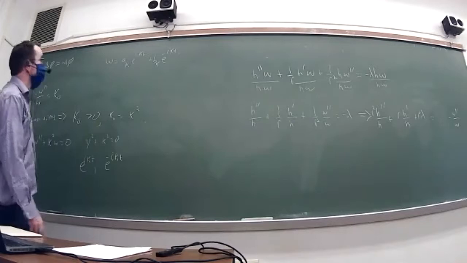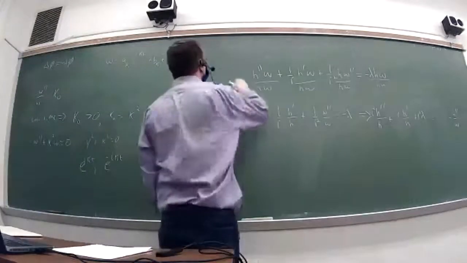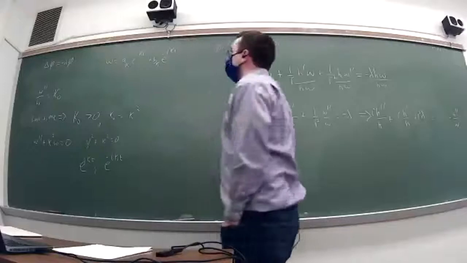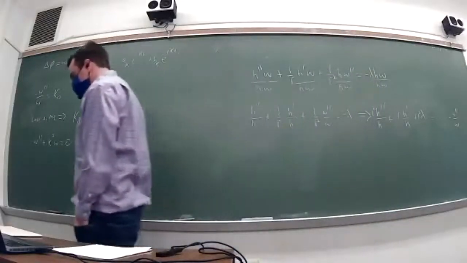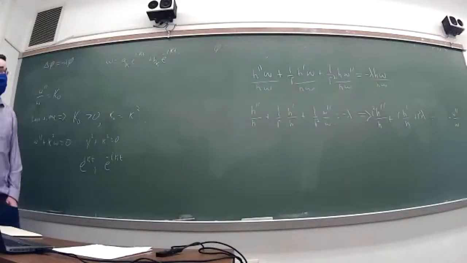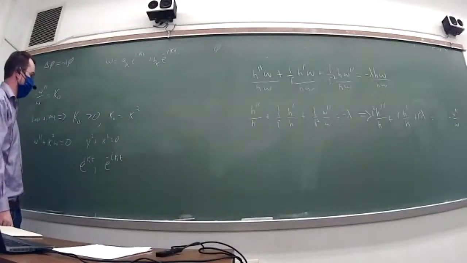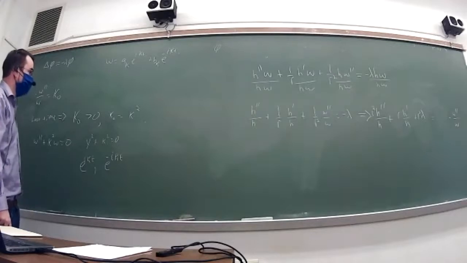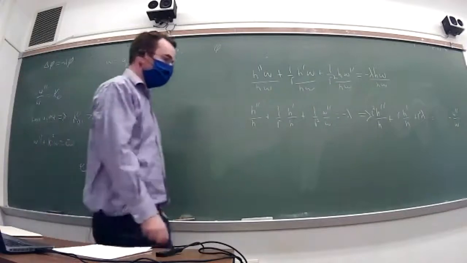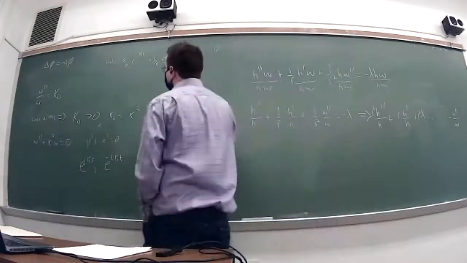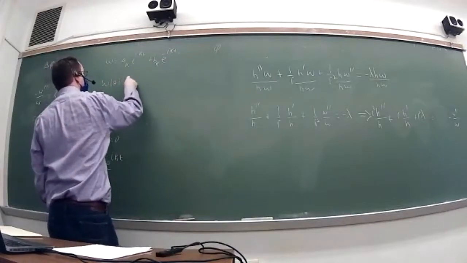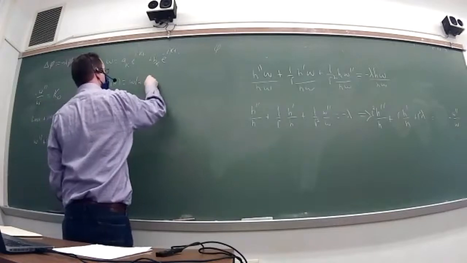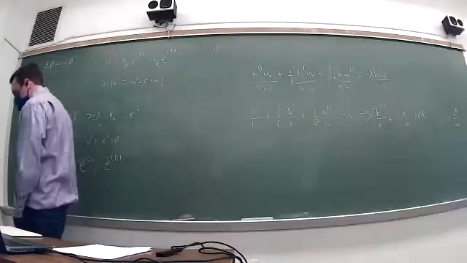So this function phi is written in polar coordinates, and it has to be a C2 function. So first, just by virtue of being written in polar coordinates, we make the requirement that omega is 2 pi periodic.